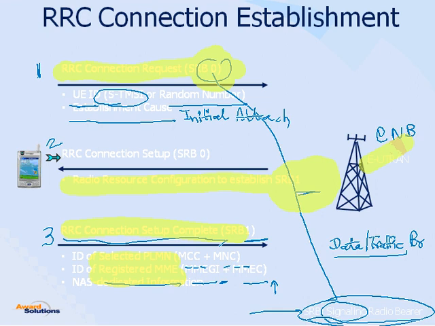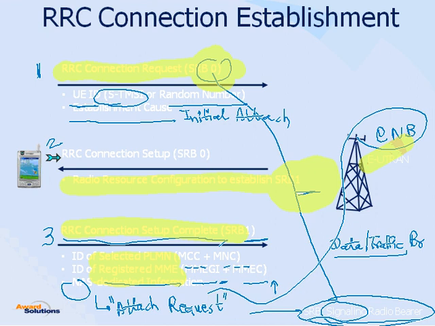And then we can send something related to the non-access stratum. Non-access stratum is basically related to your core network. So here we are sending the message attach request. The reason that we are calling it NAS information is our eNode B does not process this. So whenever the eNode B gets this NAS information, it will just transfer it to the MME.